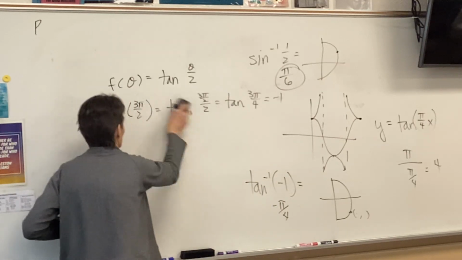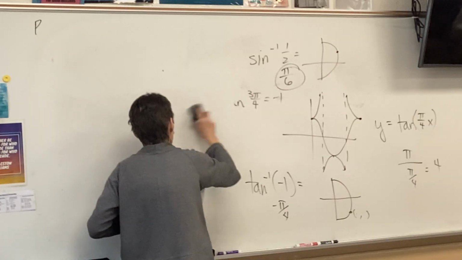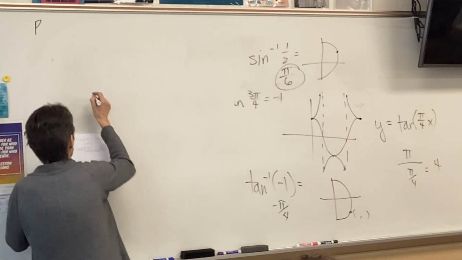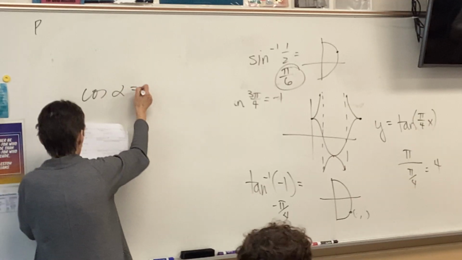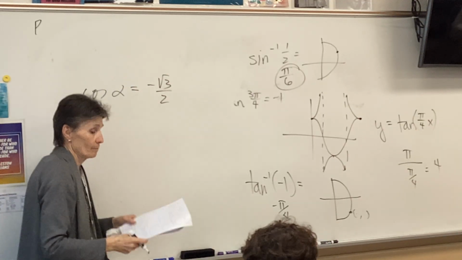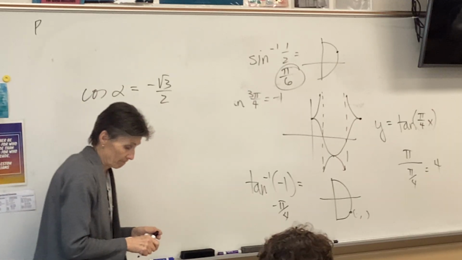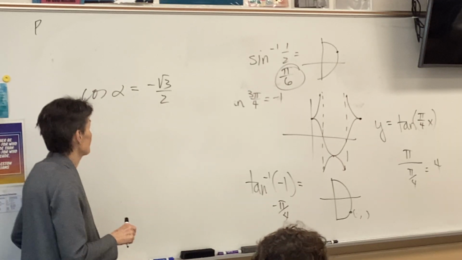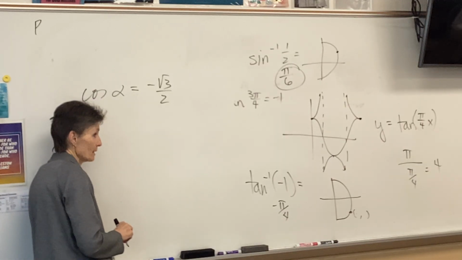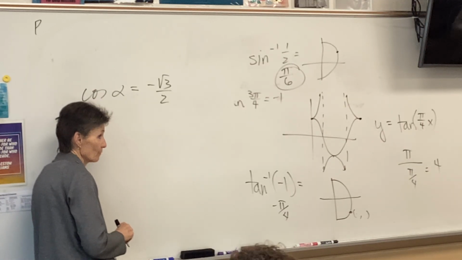Next problem, which is the same idea, but different. It took us to the problem that says the cosine is negative root 3 over 2. What kind of angles have a cosine of root 3 over 2?